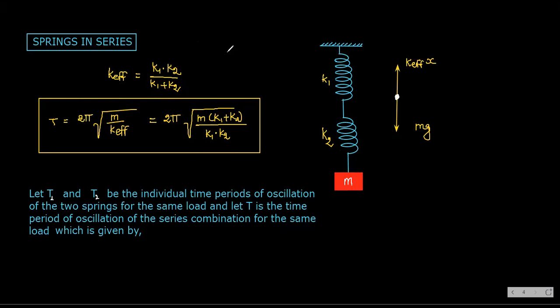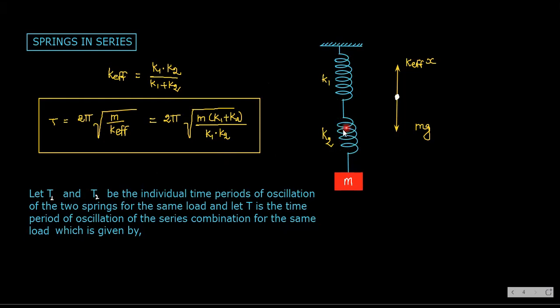Now, sometimes what they will do, they will give you the time periods of individual springs. What they will do, they will give you individual time periods, means they will take the spring, which spring they will take? This one, and they will attach the same load. They will get time period T1.